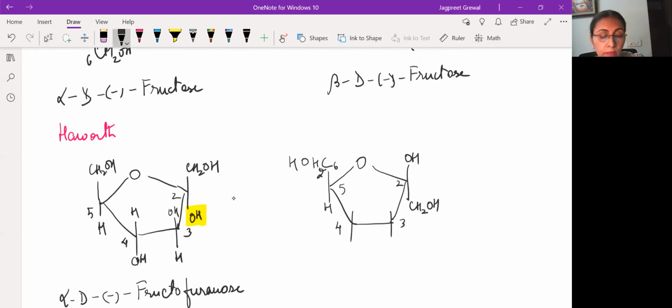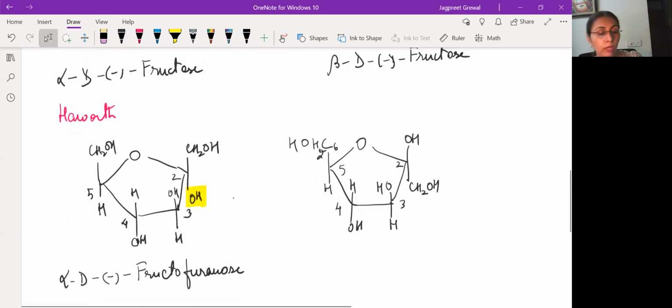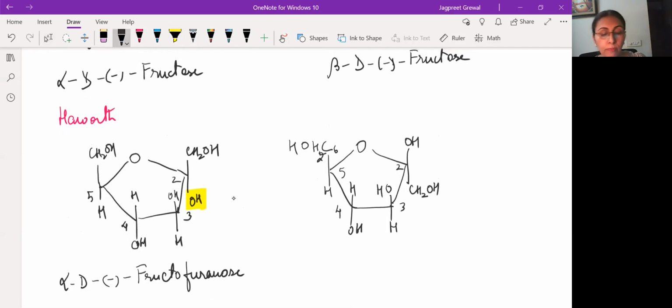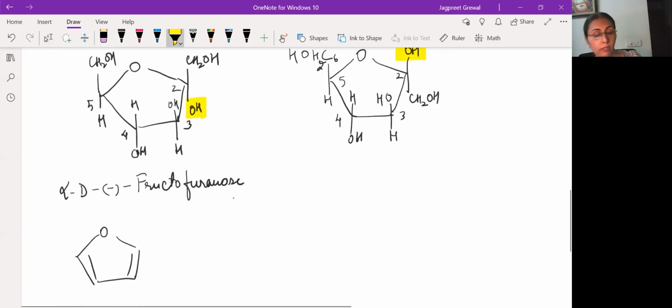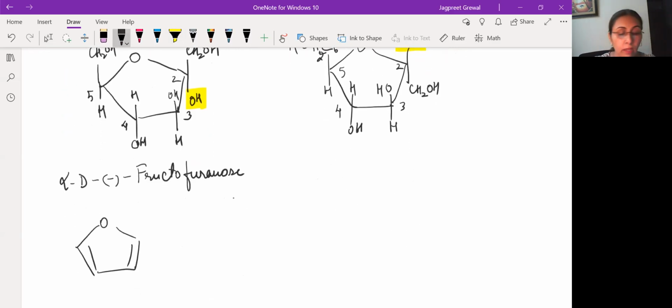Rest of the groups will remain at the same position. So what will you call it? As again I can show, where is the new OH now? On this side, like this. So how do we name it? It is named as beta D minus fructofuranose.